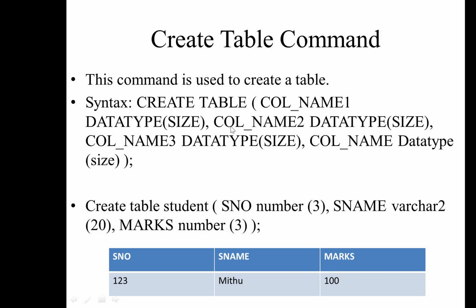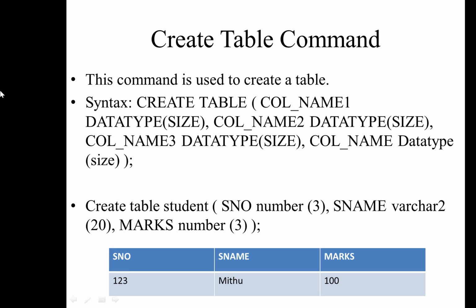Each and every column should be separated by a comma. The next one, column name 2, space, data type, within parentheses the size, comma, column name 3, data type and size, comma, and so on.